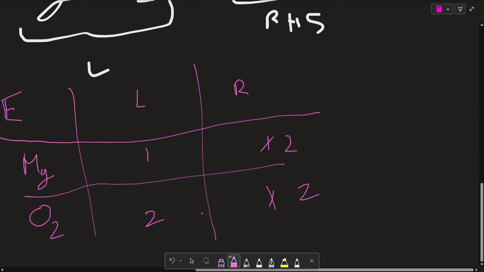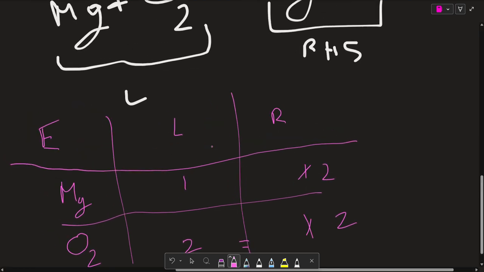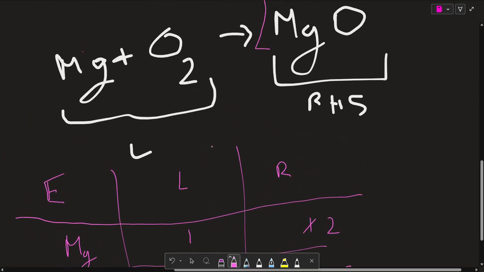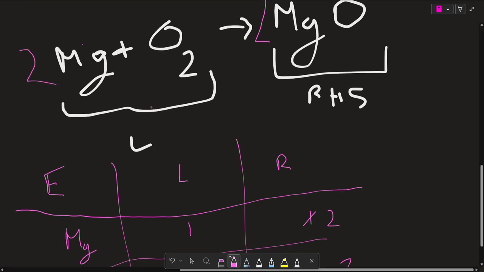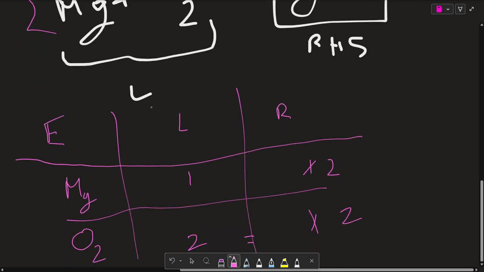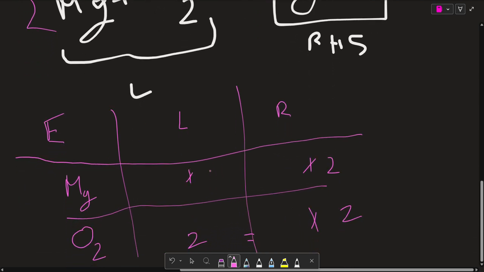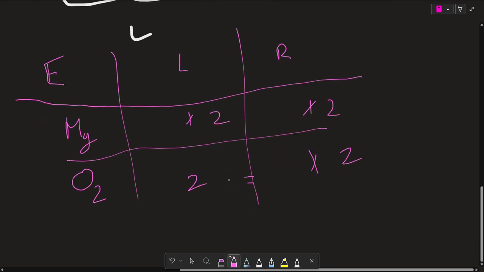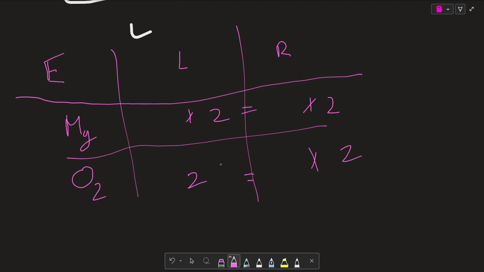But now, since the molecular mass of oxygen is equal, is the molecular mass of magnesium equal? No. I can make this equal by adding another magnesium molecule to the LHS part. So it will be 2 magnesium. Okay, so the 2 gets cancelled. So the molecular mass of magnesium and oxygen in both the left-hand side and right-hand side are equal.